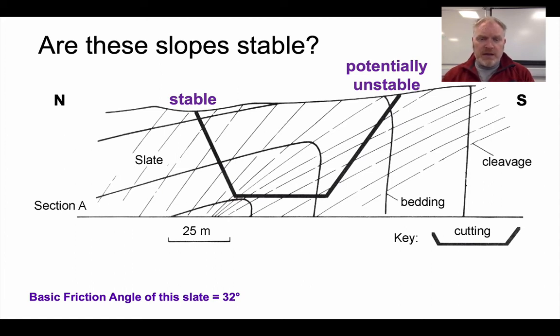It may be that these blocks of slate may need pinning in place, for example, to prevent them moving, particularly the blocks that might separate from the vertical bedding here and slide into the cutting, particularly perhaps after heavy rain.